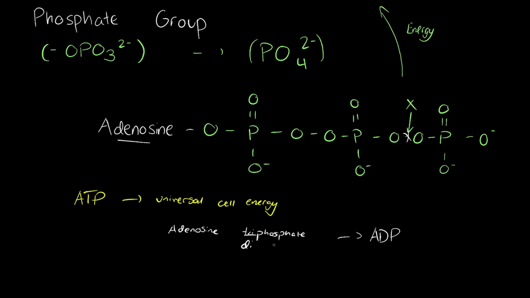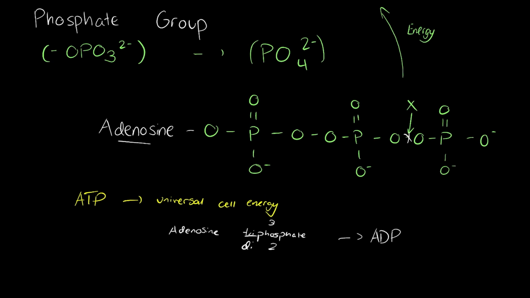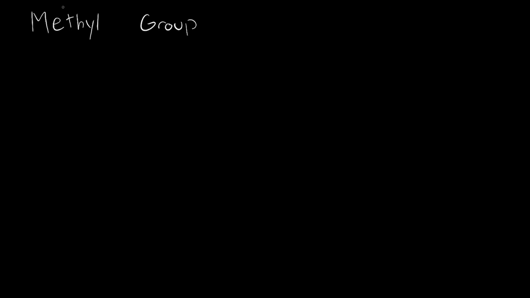Di is the term for 2, while tri is the term for 3. So, phosphate groups are super important for storing energy within their bonds. The last thing to note is that adding a phosphate group to a molecule results in it being called an organic phosphate. So ATP is a very common example of an organic phosphate.